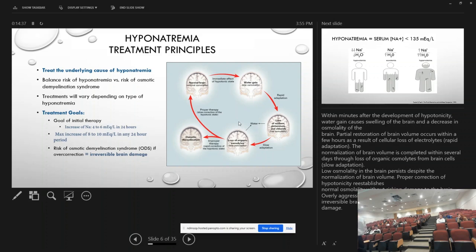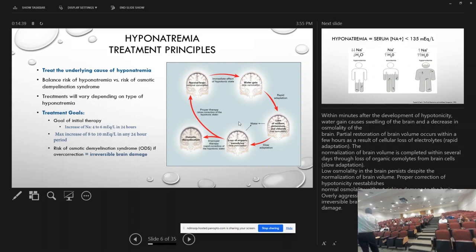So acutely, if that happens, that could cause water going from your intravascular space, interstitial space into your brain, and that's going to cause cerebral edema. That is what causes seizures, coma, death. Okay? And this is all if it happens acutely.